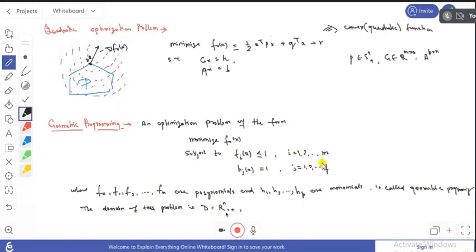The domain is R^n_++. Of course x is greater than 0.